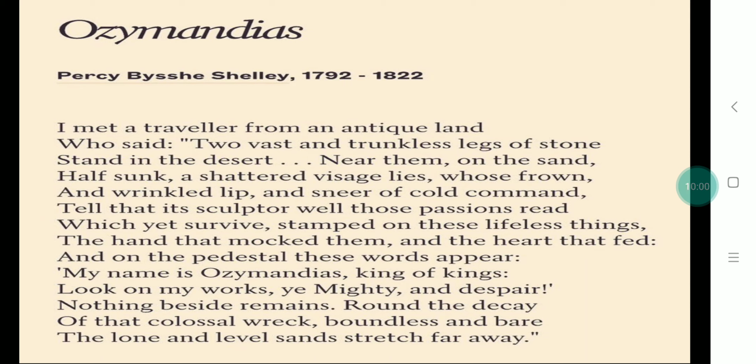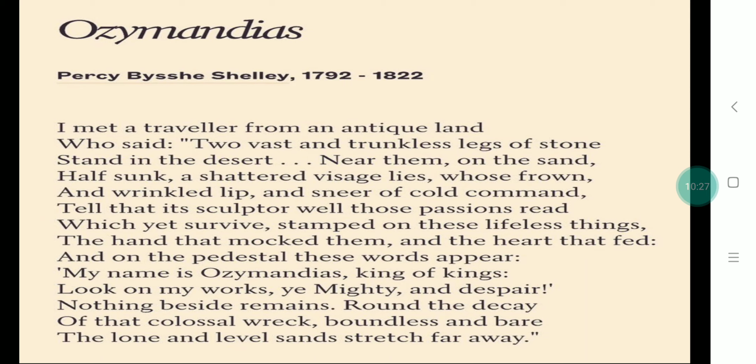No matter how proud, no matter how arrogant, no matter how much he had achieved in his life, now what remains? Now only the ruins of his statue remain, and that too lying alone in the desert, and there is no one around him. As far as a person can see, there is only sand around.